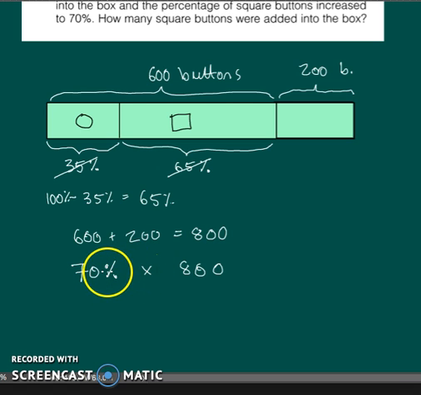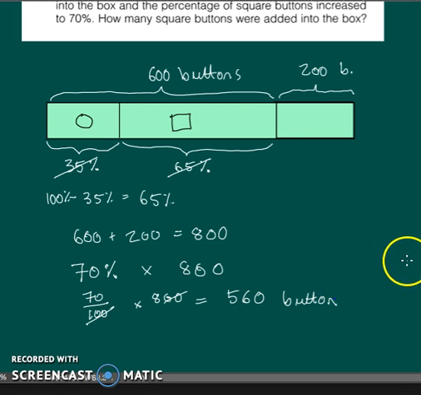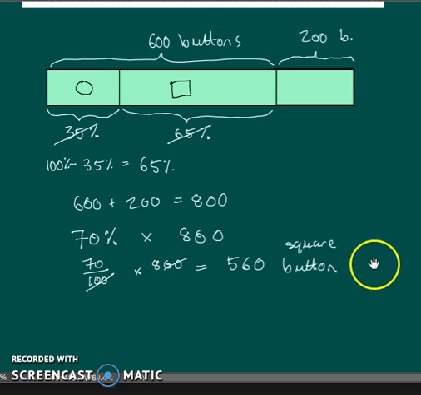So instead of 70, I can write 70 over 100 times 800, which I can simplify to 70 times 8. And that gives me 560 buttons.